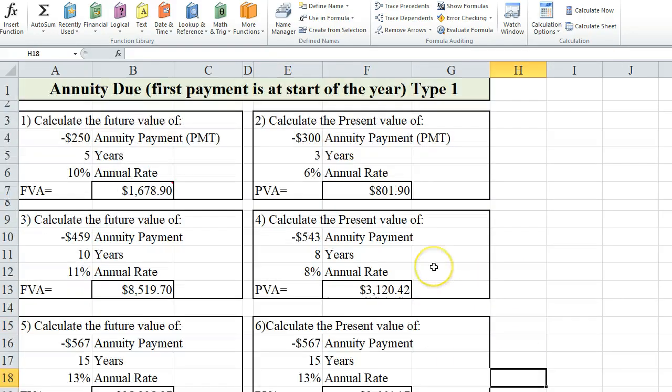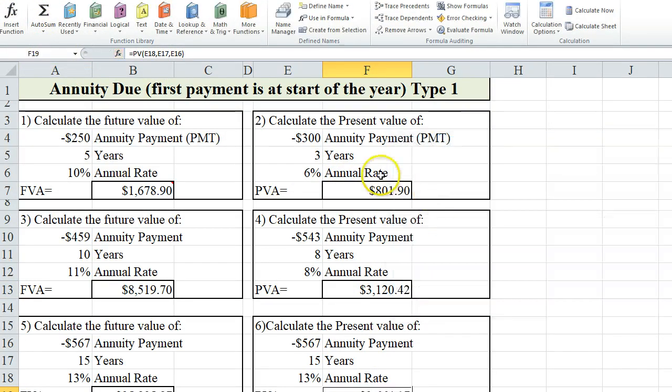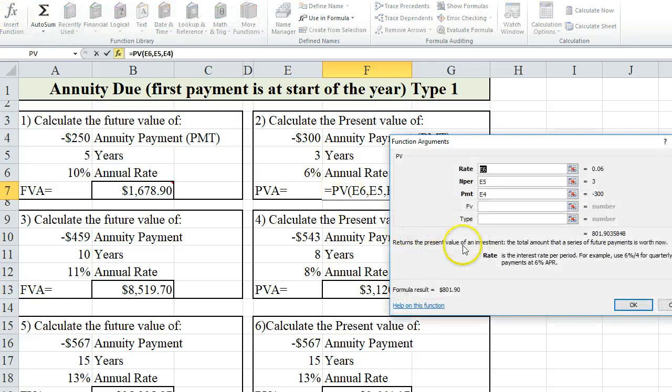Okay, so these would be types of annuity problems where, oh, I should check. Did I put in the, I did because I copied it. Let me just pull up the box. Oh, nope, it's not there. So here, let me start up here. I got to put in the 1 to note annuity due.